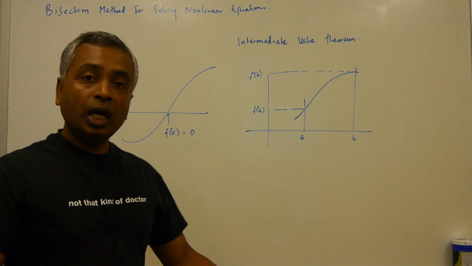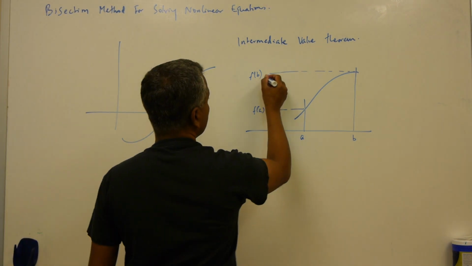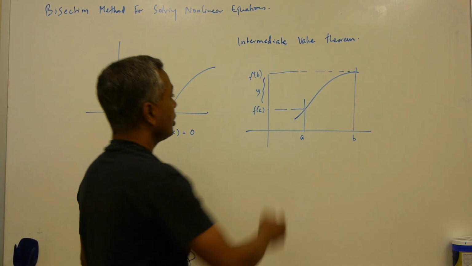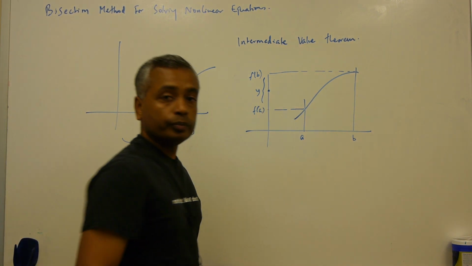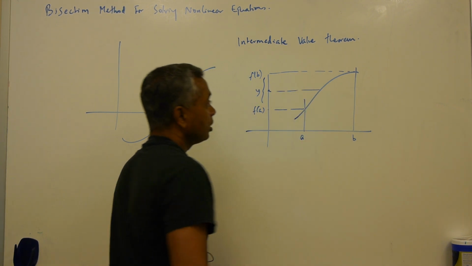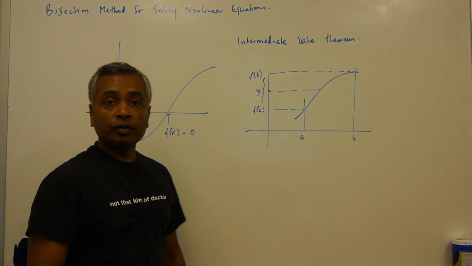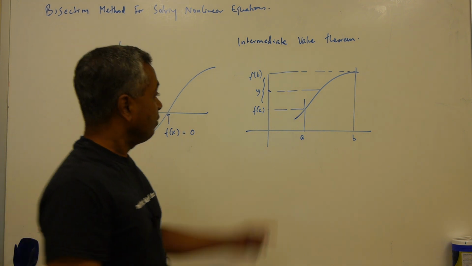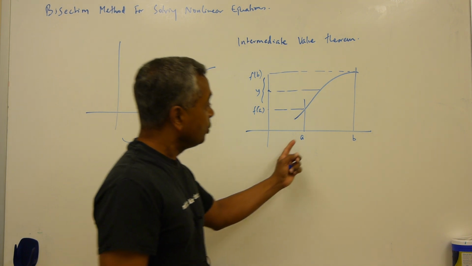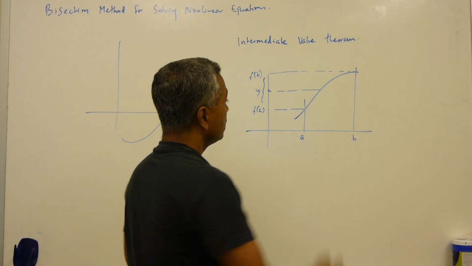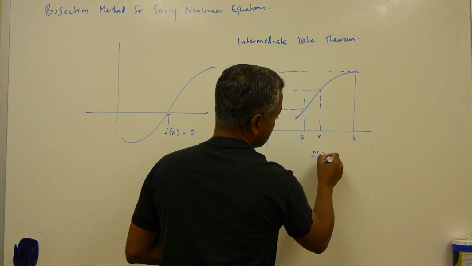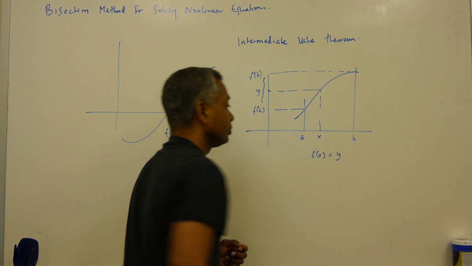Okay? So now, if I were to pick a certain value y in this range, okay, let's say I pick y right here somewhere. Okay, so y is here. All the intermediate value theorem says is that if I were to pick a value of y between fa and fb, then there must be a value of x between a and b such that f of x equals y.